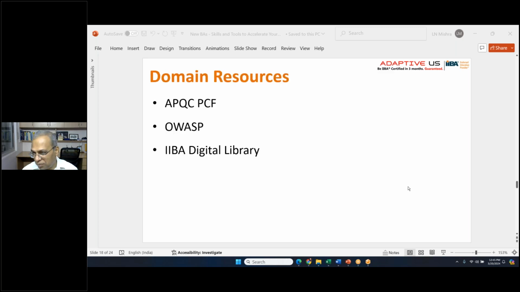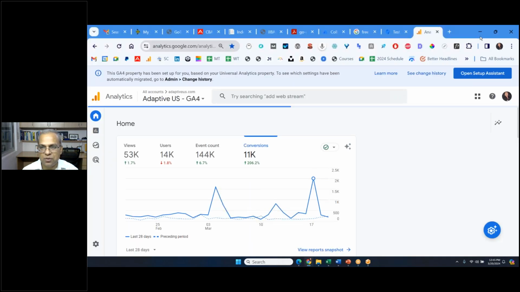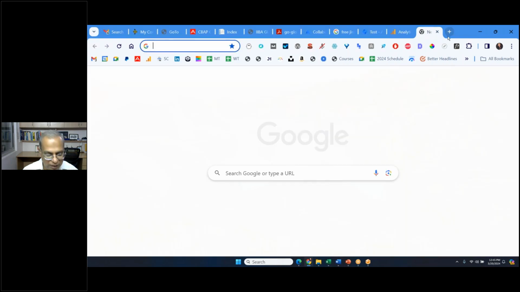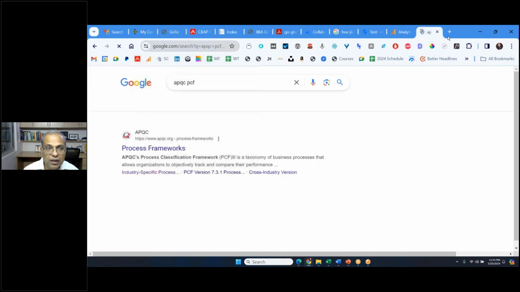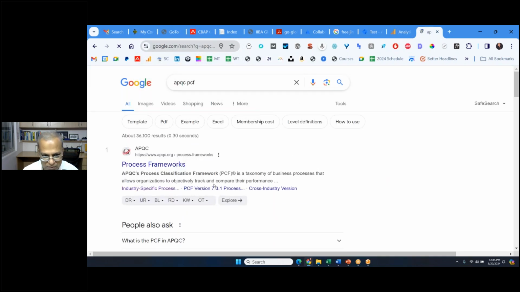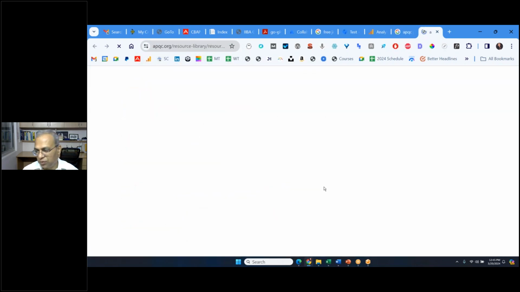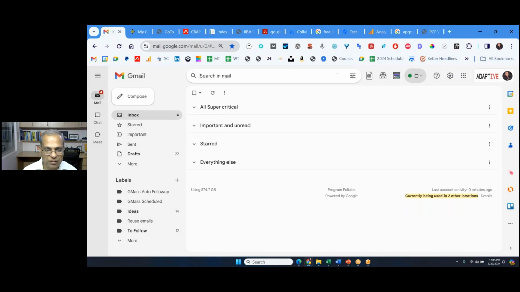Okay, some of you asked me about some domain resources. One of the finest and easiest and zero cost domain resources you'll get is something called APQC PCF. Okay, so just go to Google and search for APQC PCF and you'll get these frameworks. It's free and you can download them as well. So I do have one in my email address.